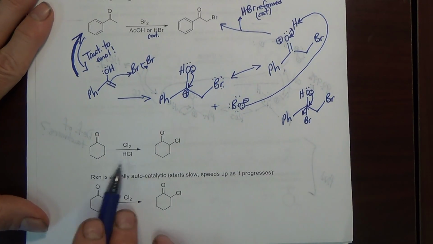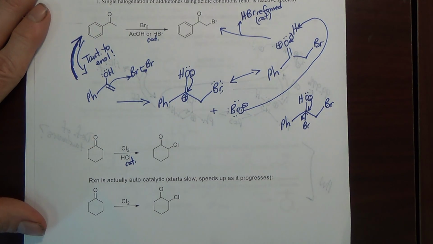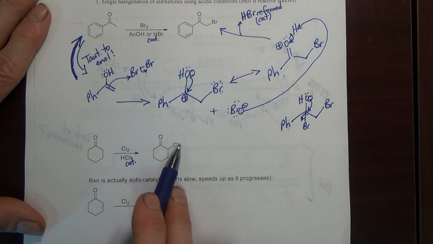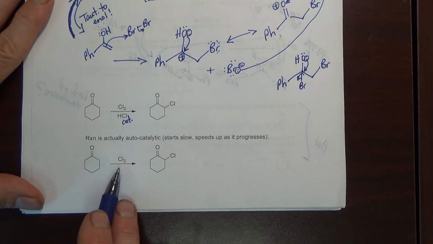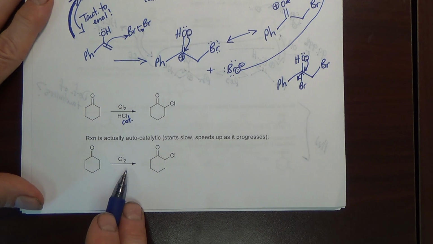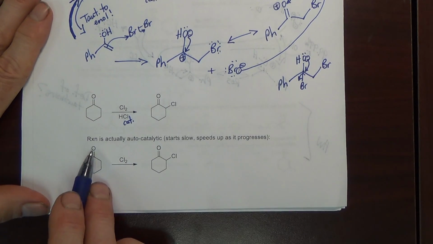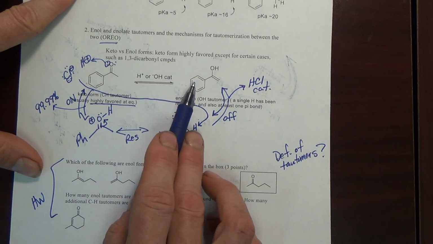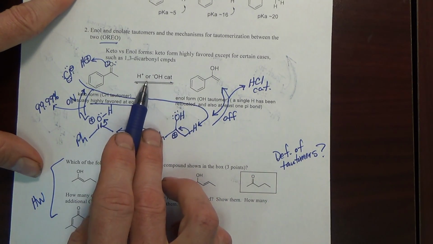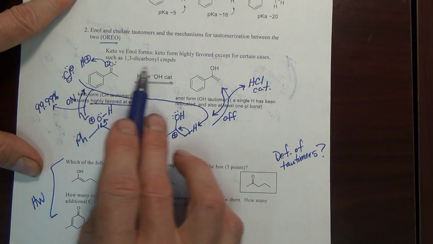So here's an example using elemental chlorine, HCl catalyst, okay. Some students look at this and think the HCl is what was here. No, this reaction can actually take place with just chlorine, because while we do show this typically with acid or base catalysis, it doesn't necessarily need catalysis, all right?